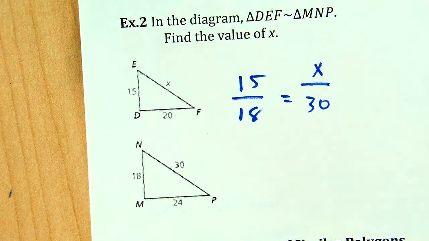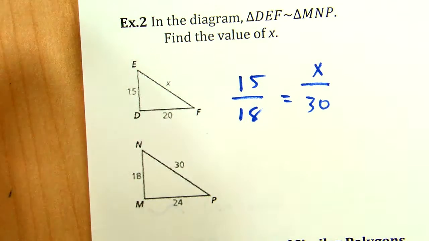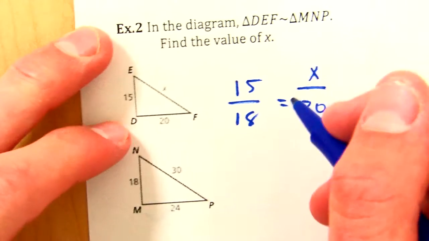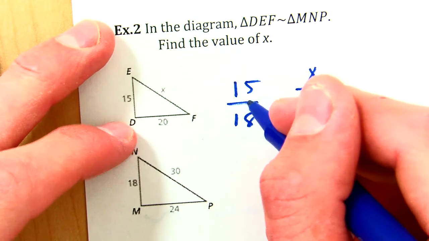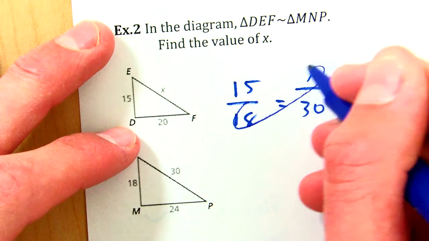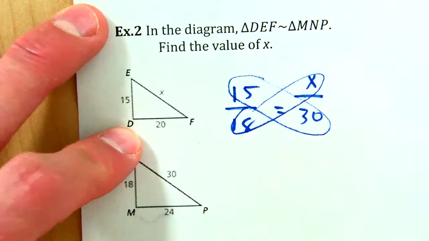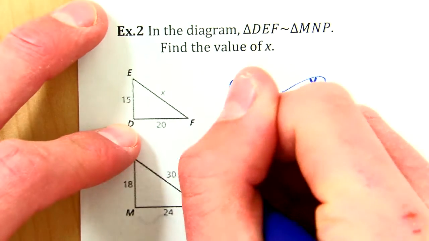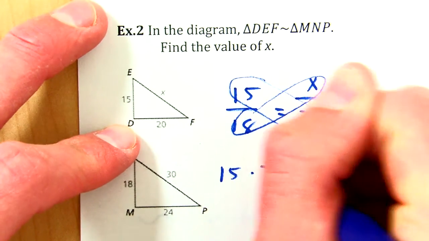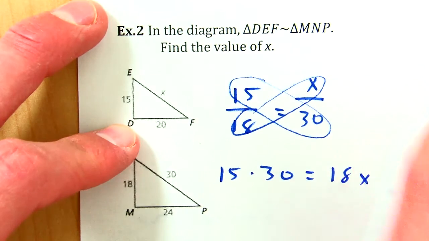Okay. Now we have a proportion that we need to solve for x, and hopefully you remember that when you did this, the easiest way to solve this, or the most consistent way that you can always use, is cross multiplication. What cross multiplication says is you multiply straight across and you set it equal to each other. So 15 times 30 would have to equal 18 times x.